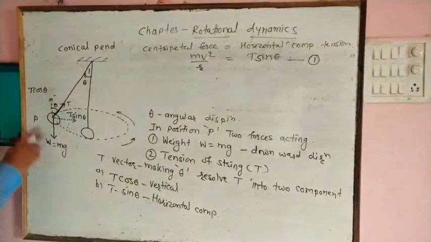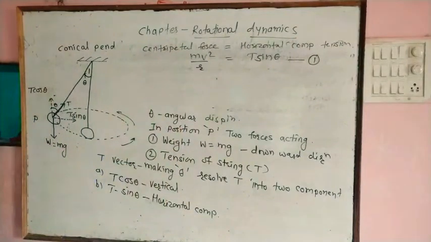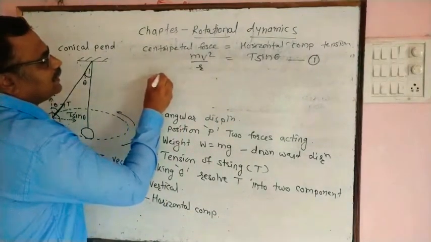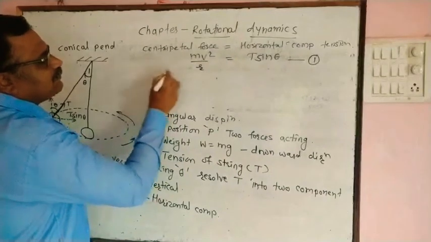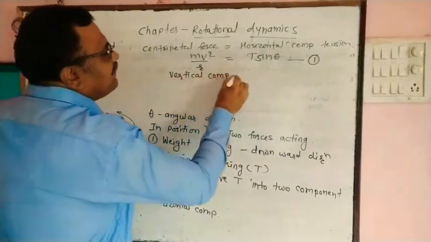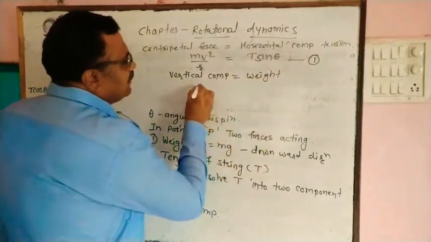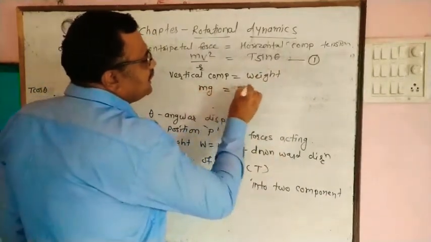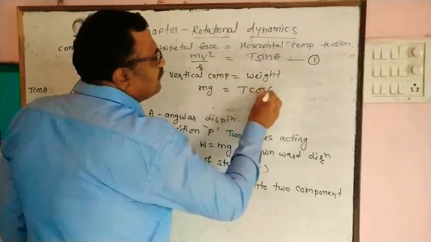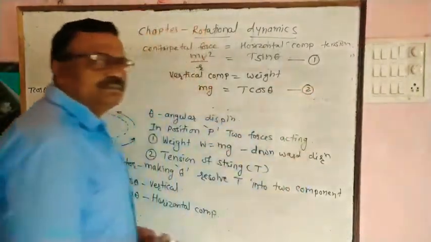In the figure we can observe T cos theta is acting in the upward direction and weight is acting in the vertically downward direction. These two balance each other. Therefore, the vertical component of tension is balanced by the weight, and we write: weight balances vertical component, and suppose this is equation number 2.